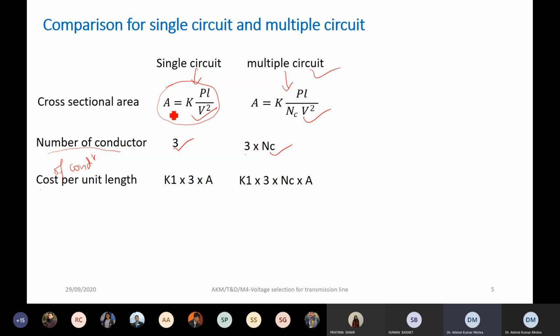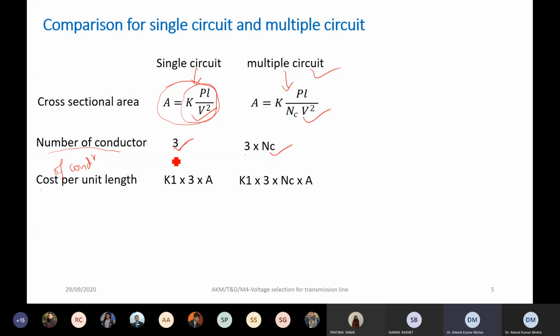In fact, if you multiply the density of the material by this A, it is nothing but the weight of the conductor required per unit length, because cross sectional area is also the volume per unit length. So the cost will be proportional to this times the total number of conductors. That's why this will be multiplied by 3.